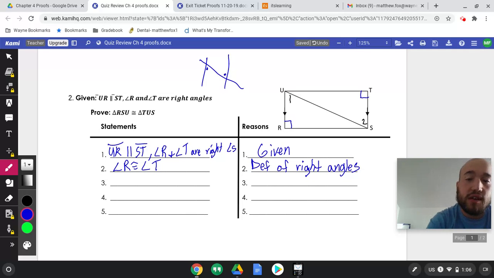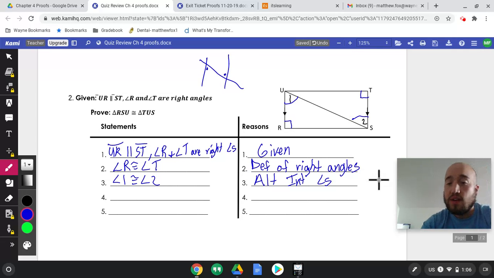Those are alternate interior angles, which tells us angle 1 is congruent to angle 2 because they are alternate interior angles. Which tells me I can put this mark and this mark. So now I have two angles in each triangle. I need another side to show that these are congruent.